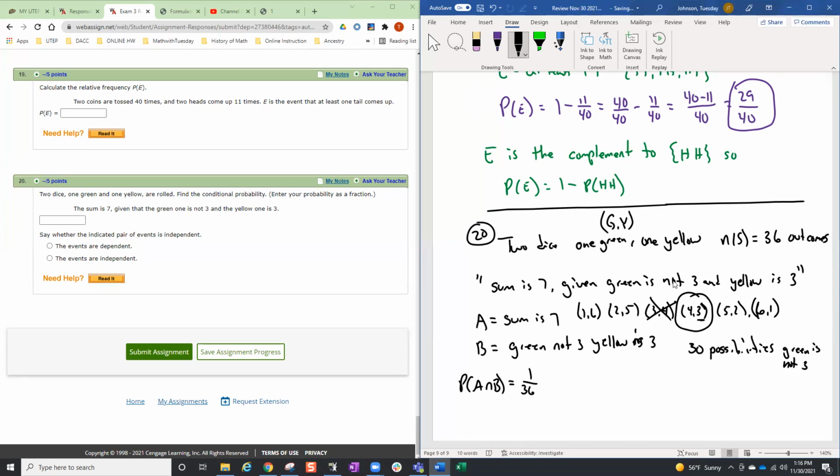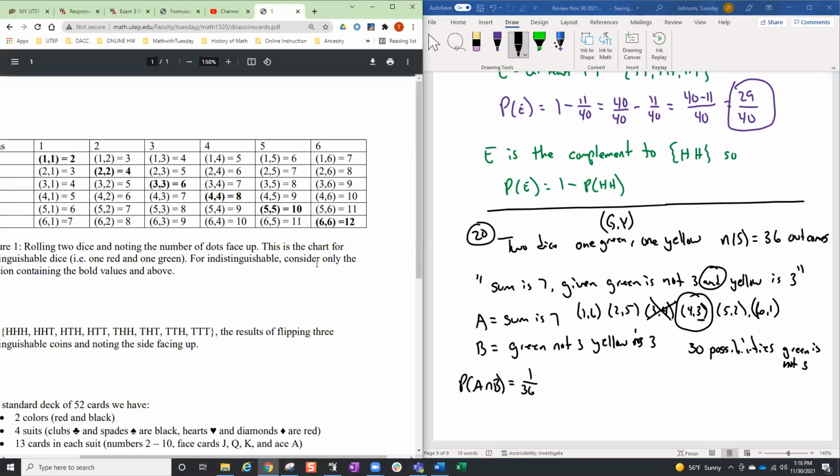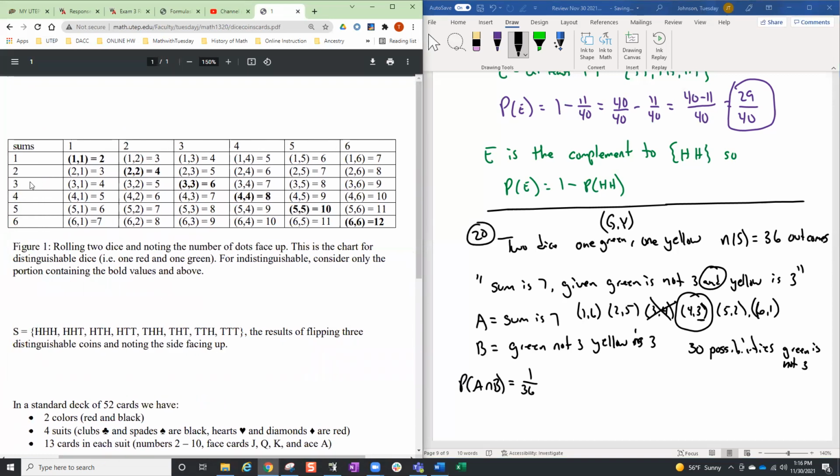But it's an and. So out of those 30 possibilities, I need to bring up this sheet. So we're going to let the green one be this row, no, let's make it the column. Green cannot be that one, so we can't use this row, but we use the 6 here, the 6 here, the 6 here, here, and here. But also, excluding this row, I must make sure that the yellow one is a 3.